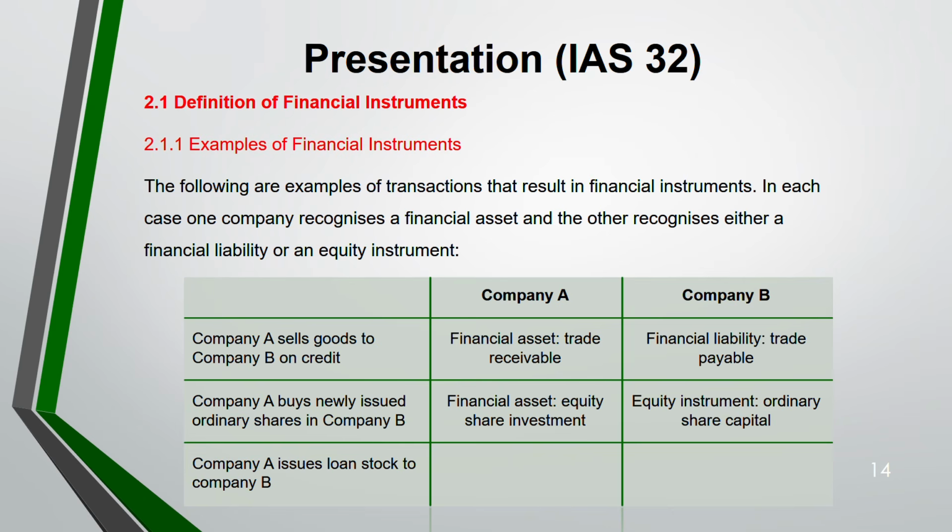And third one, A is issuing loan stock to B. Who is issuing loan stock? A. That means A is having a financial liability. Loan stock for A. For B, it's a financial asset, debt investment. Why? B is the one who is receiving that loan.